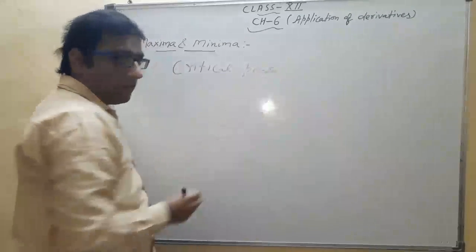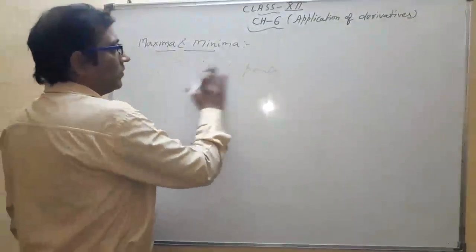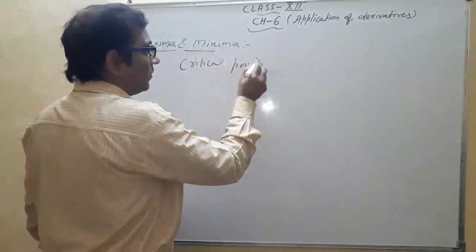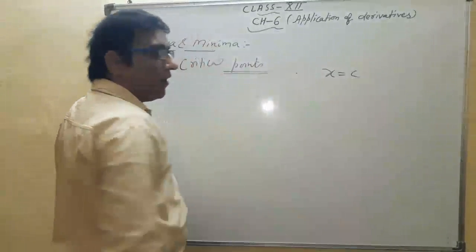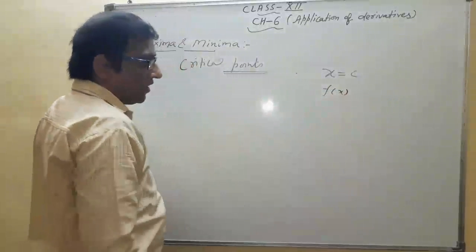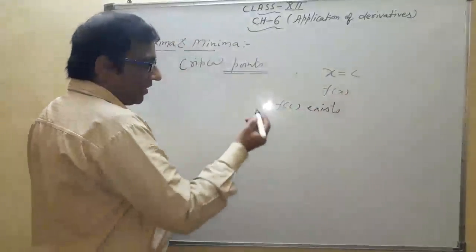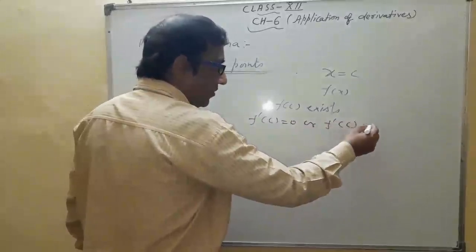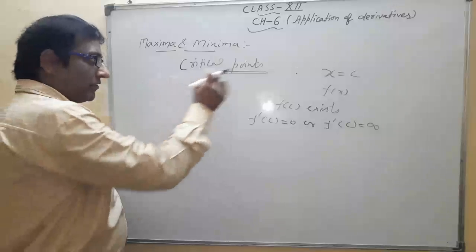A point x equals c is called a critical point of a function f(x) if f(c) exists, and either f'(c) equals 0 or f'(c) equals infinity. Then x equals c is known as a critical point.